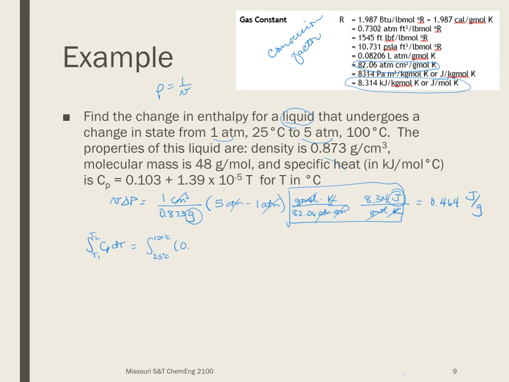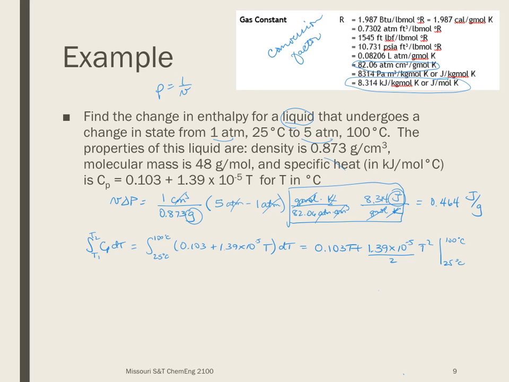So the integral of 0.103 plus 1.39 times 10 to the negative fifth T dT. I'm going to integrate this, so 0.103 T plus 1.39 times 10 to the minus fifth T squared over 2, and I'm going to evaluate this from 25 to 100.